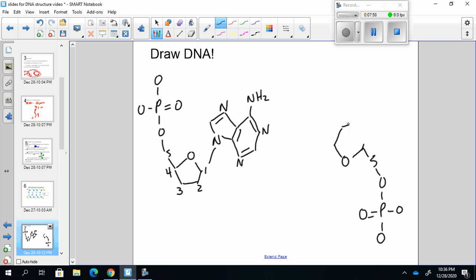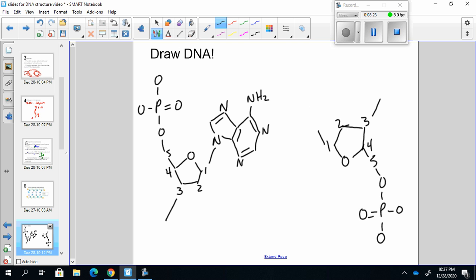Should have had a little picture here next to me. Okay. Carbon 1, 2, 3, 4, and 5. Okay, that looks better. So just so you know, the other phosphate group will attach here, and the other one will attach there. All right, the 1 is always attached to my nitrogenous base.